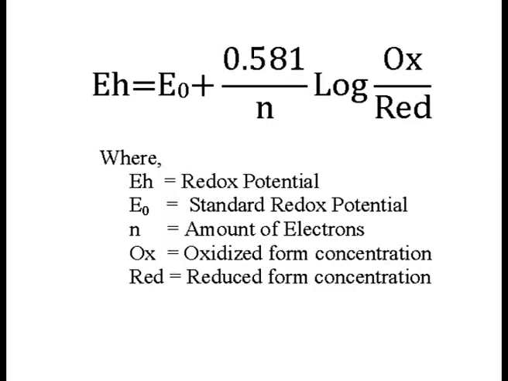EH equals E0 plus 0.581 upon N into log OX upon Red, where EH is redox potential, E0 is the standard redox potential, N is the number of electrons, OX is the oxidized form concentration, and Red is the reduced form concentration. EH is expressed or measured in volts or millivolts. So, it is also a very important parameter, just like the pH.